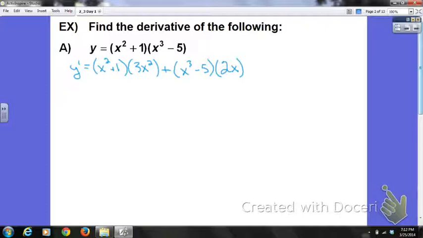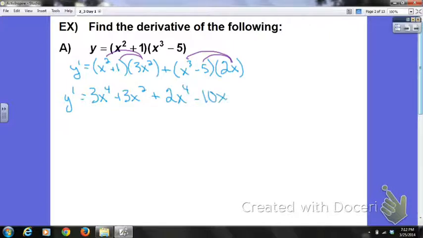Now we need to clean things up, multiply through, and see if we can combine like terms if possible. So we need to distribute the 3x squared from the back end here. So we have y prime is equal to 3x to the fourth plus 3x squared. We also need to distribute the 2x from the back. So we have plus 2x to the fourth minus 10x.